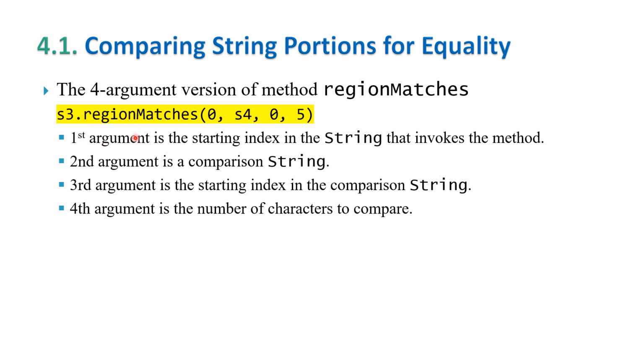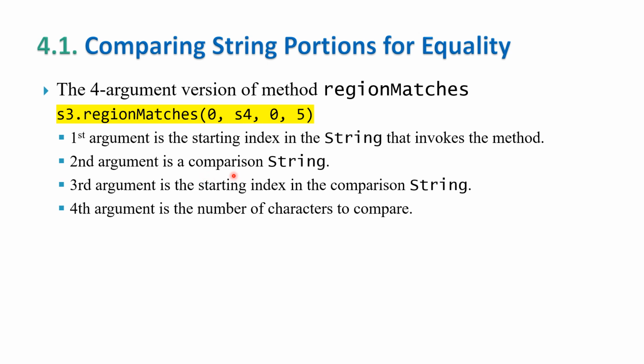the first argument is the starting index in the string that invokes the method. For example, in this call to regionMatches, the string that invokes the method is the object s3.